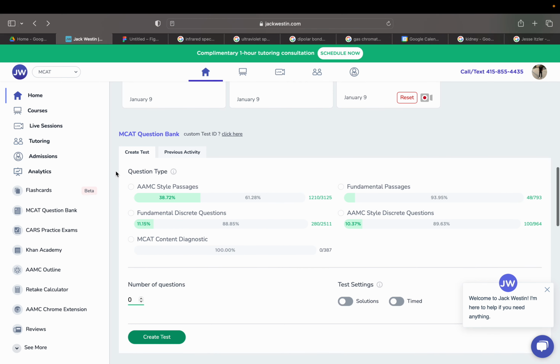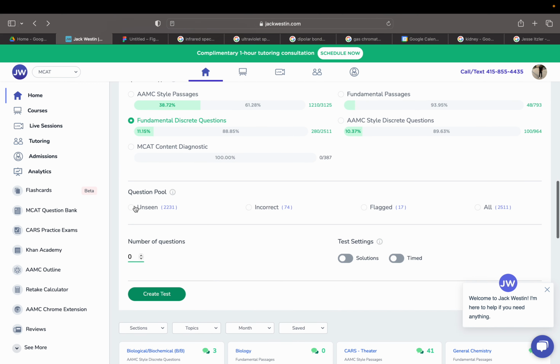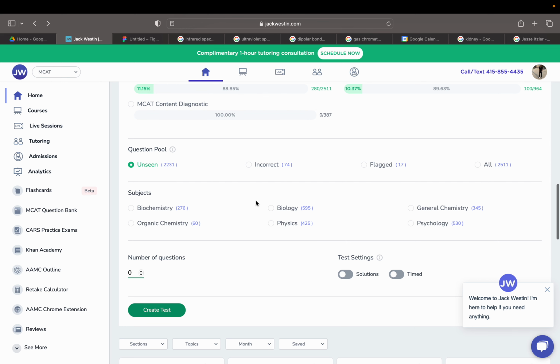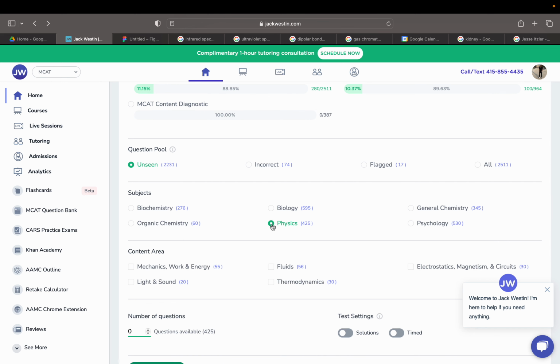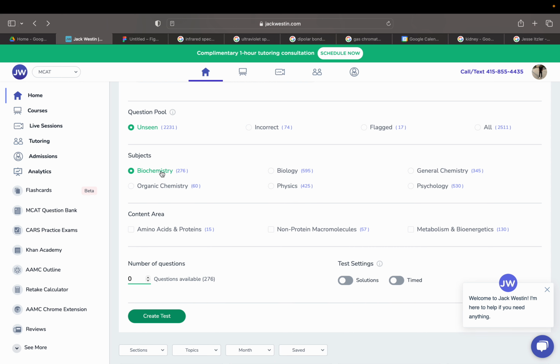Yeah, so if we come here, we will find how we can create our own tests with. So we can see that we have these 5 main content areas for the physics section. We have then the biochemistry section that we will do with biology. You can see it has 3 content areas.